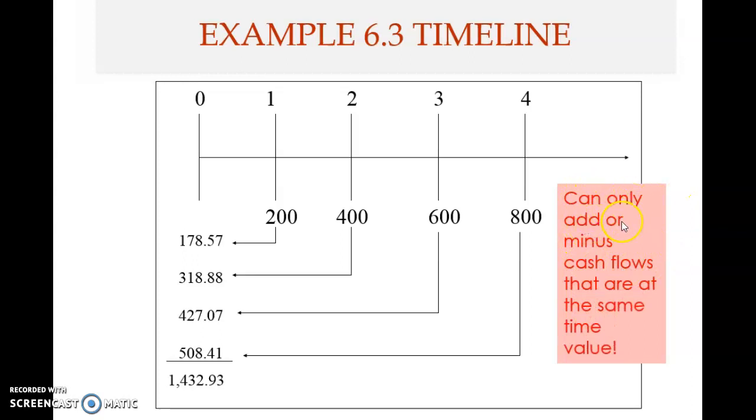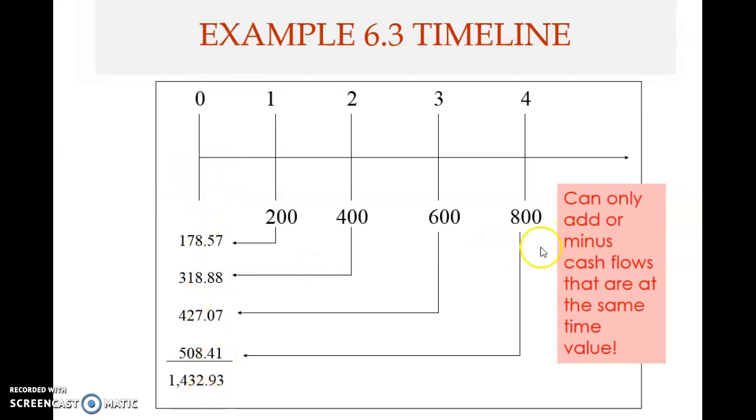You can only add or minus cash flows that are at the same time value. So you cannot add across like this because they are at different times. But once you have brought these cash flows to the same point in time, not present value per se, but here these are all present value, then you can add them.